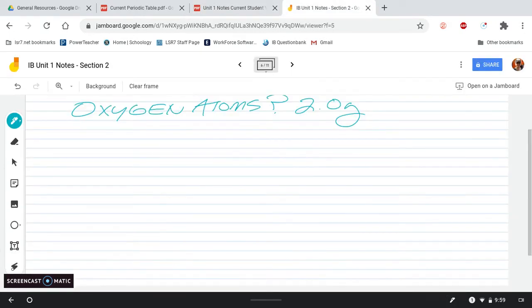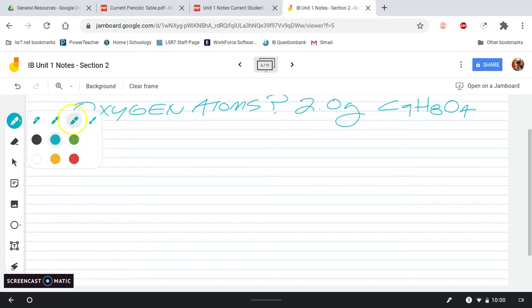So let's go ahead and jot that down. C9H8O4. Okay, so let's do some terminology. So first of all, this is what we would call a molecule. So that's a group of chemicals. And in that molecule, in that group of chemicals, 4 of the atoms happen to be oxygen. Not all of them, but 4 of them.